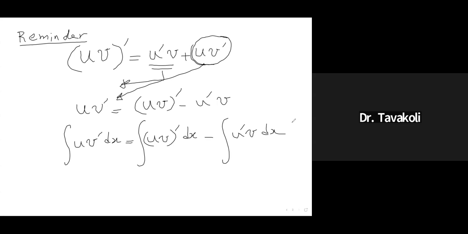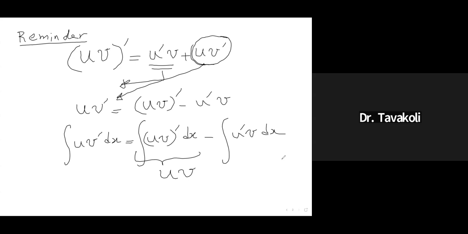You know that integration and differentiation are the converse of each other. So uv prime, then taking the integral, gives me back uv, or to be more accurate, uv plus a constant. But since we have another integral there, we don't need to worry about the constant here.